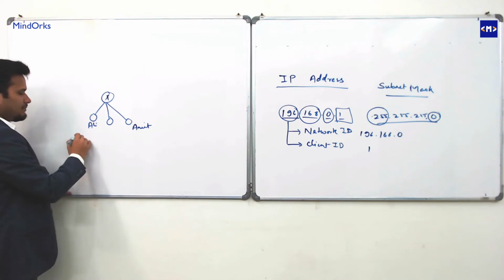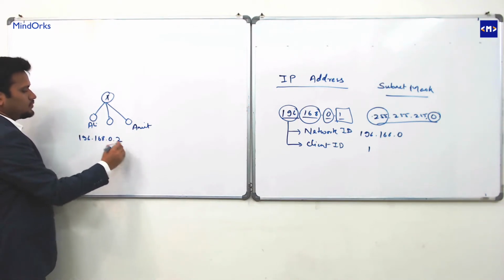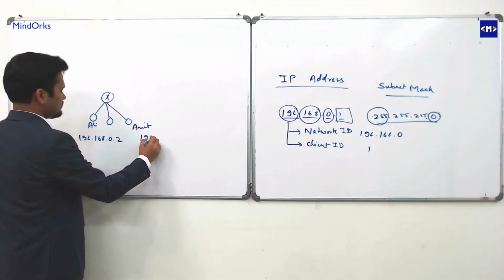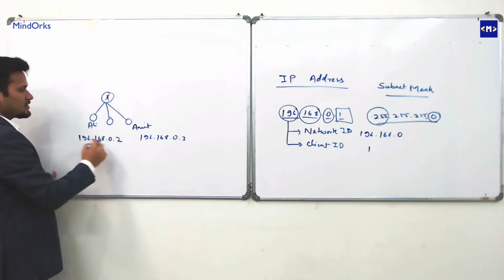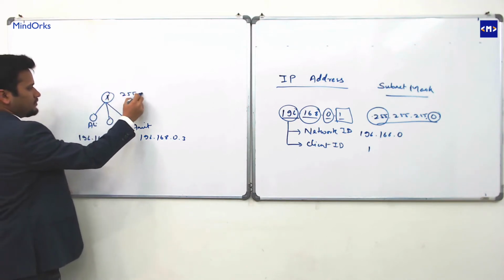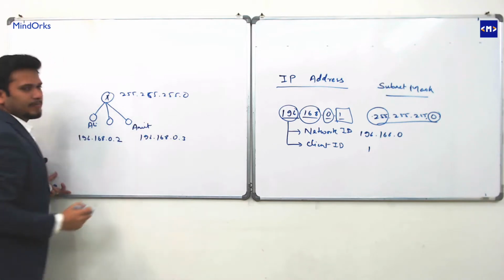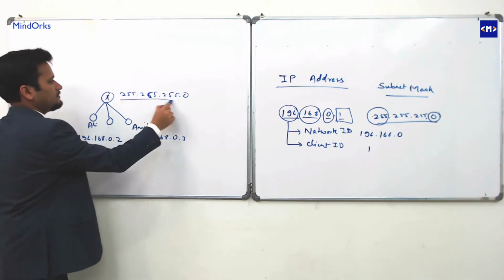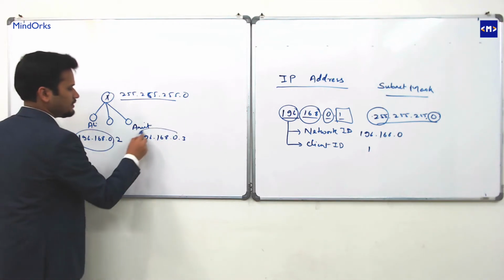For example, my IP address is 196.168.0.2, Amit has 196.168.0.3, and the subnet mask for this router is 255.255.255.0. Now this identifies the network, so this will be your network ID and this will be your network ID.